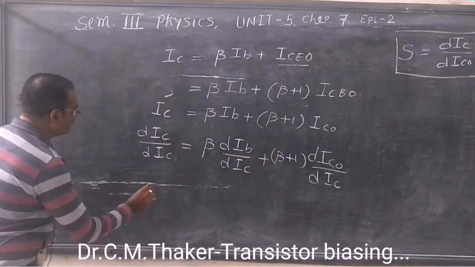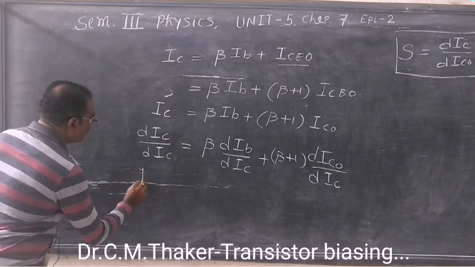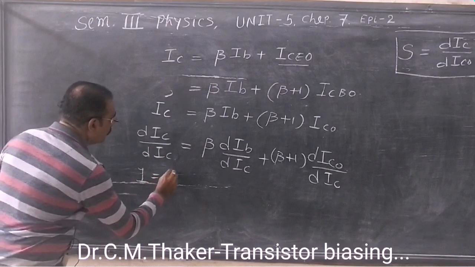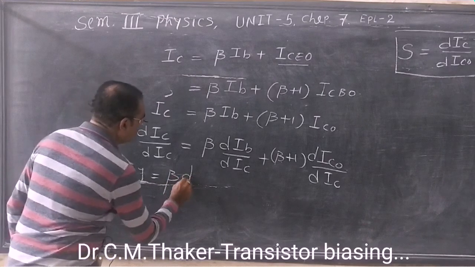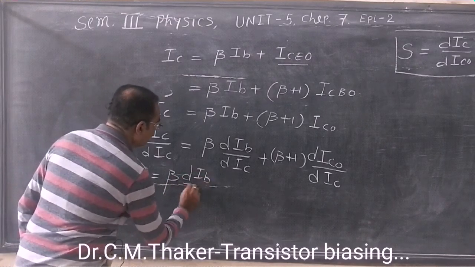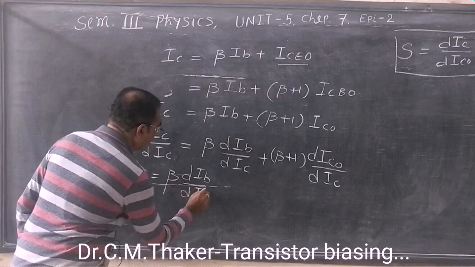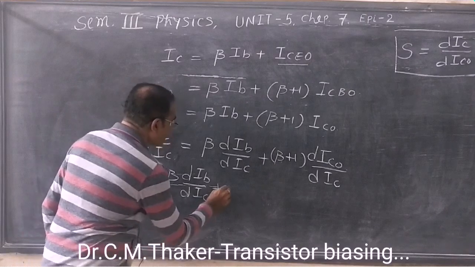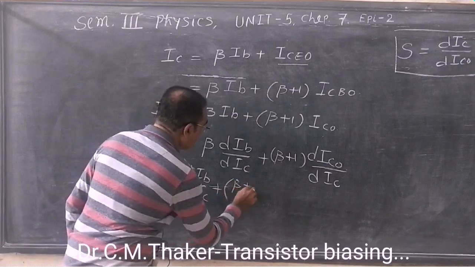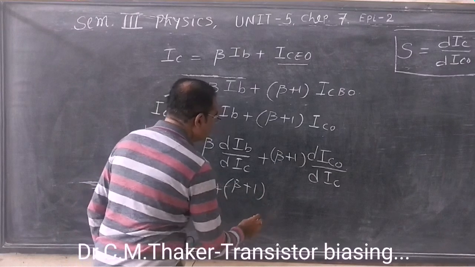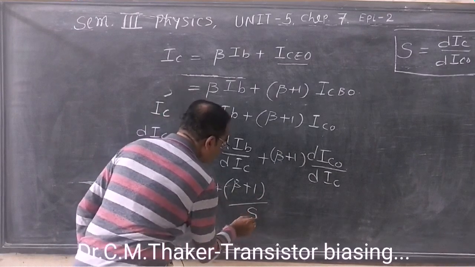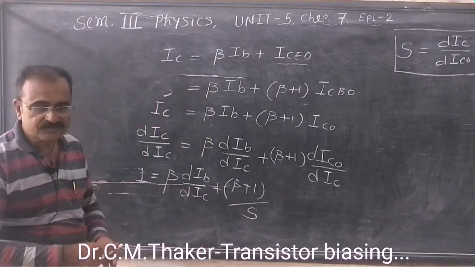So let me write: 1 is equal to beta dIB upon dIC plus (beta plus 1) upon S. Now what to do?